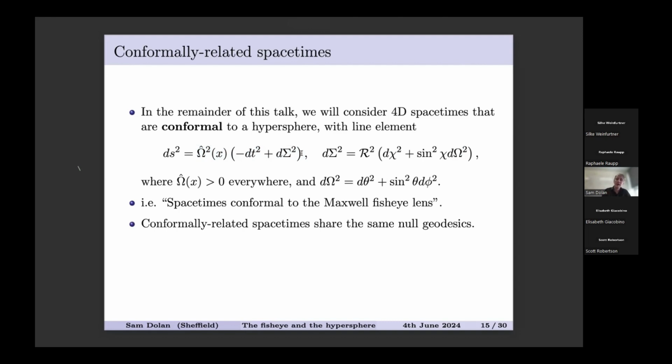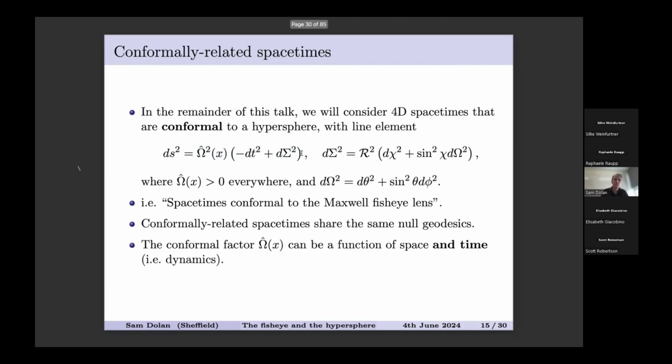Okay, I'll make that slightly more precise in a moment. But if I want to think about dynamical situations, such as balls collapsing, then I need to allow for dynamics here somewhere. So I'm going to allow this conformal factor to be a function of space and time, so that we can have dynamical situations.